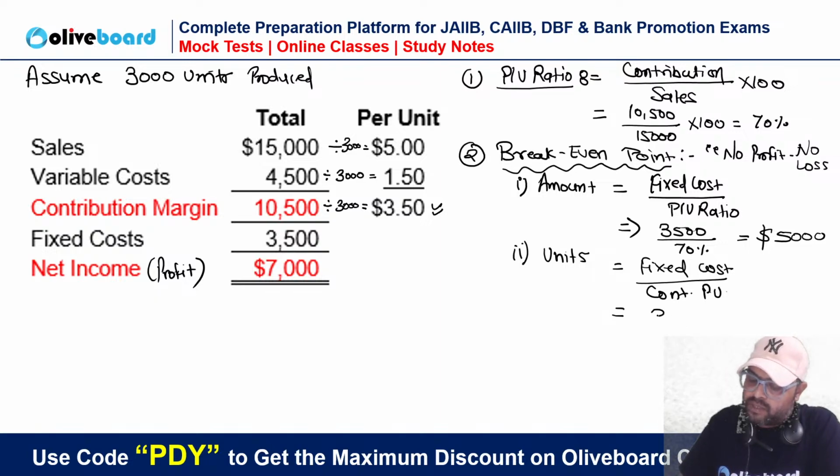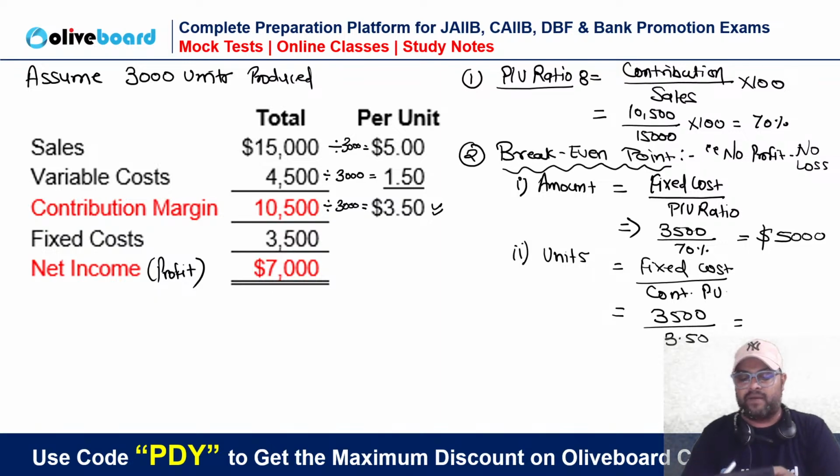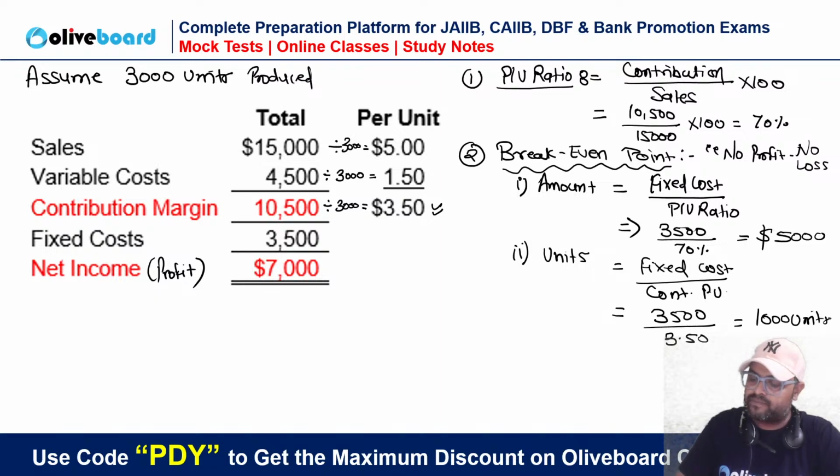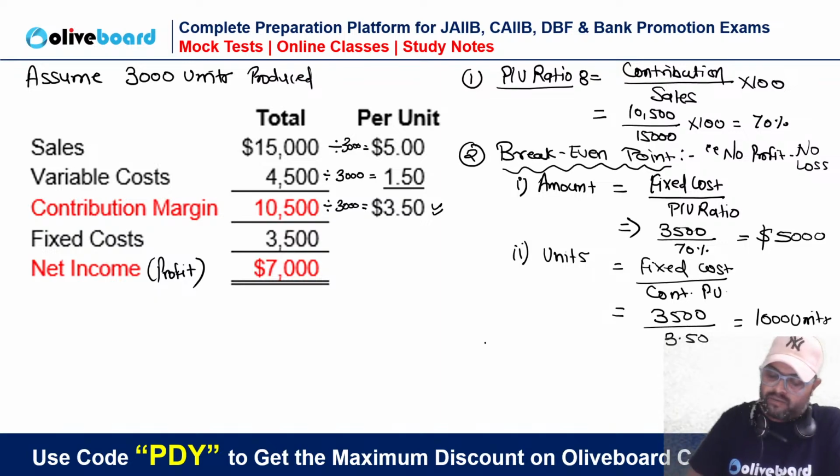If we put 3,500 divided by per unit contribution, which was 3.5 rupees, 3,500 divided by 3.5 brings us to 1,000 units. 1,000 units is the break even point in number of units.